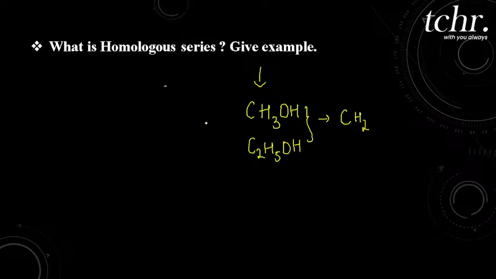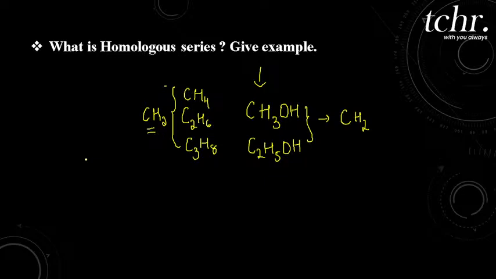You take any compound for that matter. For example, methane is CH4, ethane is C2H6 and propane is C3H8. So it goes on like this: methane, ethane, propane, butane. When you observe all this, you can see each one differs by one carbon and two hydrogen atoms, right? So a CH2 unit.